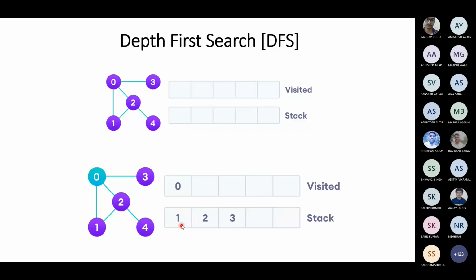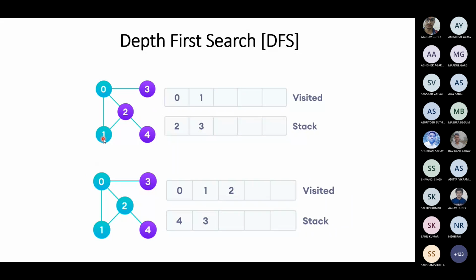Next you visited the top of the stack, which is 1; 2 is already there, and 0 is already visited, so you need not put them. Next, the top of the stack is 2, which has edge 4, so you pushed 4 into the stack and visited 2. Next node, which one will you visit? 4, correct? 4 is the top of the stack.